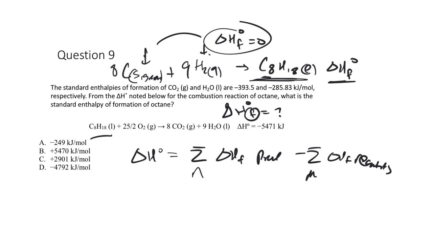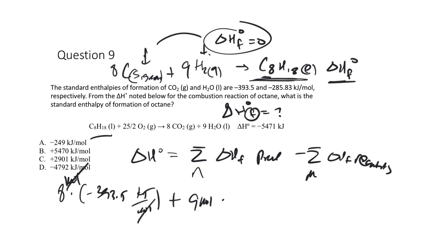So I might write that I would have 8 times the delta HF of CO2. And so it's 8 times minus 393.5 kJ per mole. It's 8 moles times that, so that's where the mole unit's going. And then I'm summing up the product, so plus 9 moles of water times negative 285.83.